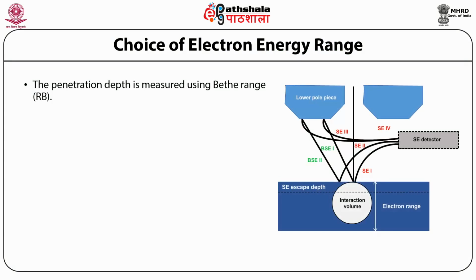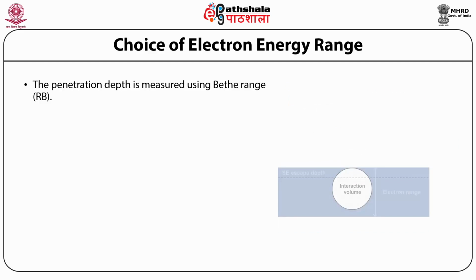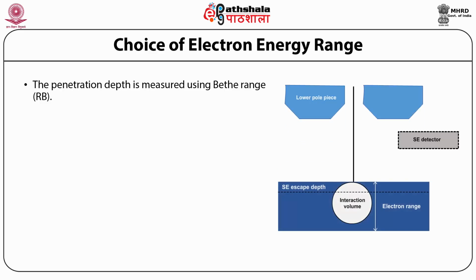The choice of electron energy range. The interaction between the electrons and the material is much stronger in the energy range of 100 electron volt to a few kilo electron volt than at higher energies. The consequence of this stronger interaction is that the penetration depth of the electron falls rapidly as the incident energy is reduced.